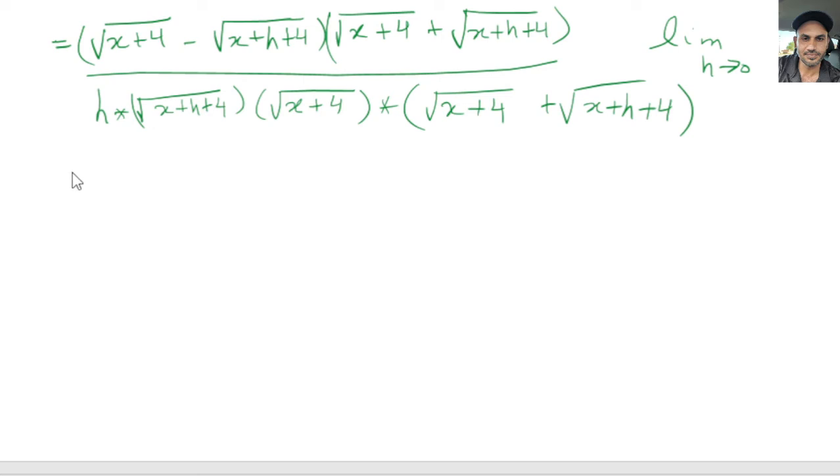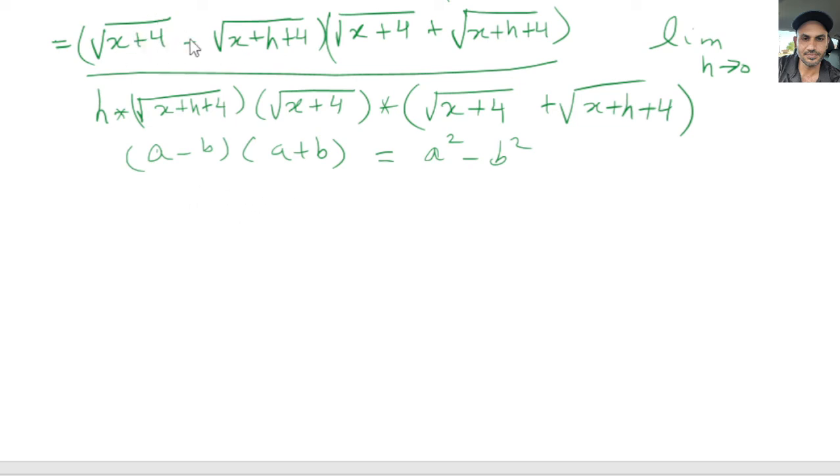All right, now we're going to simplify it. Now we have terms where we have a minus b, and this is a plus b. We know that when we multiply a minus b and a plus b, these two expressions, we get first term square minus second term square. That's the concept that you have to know already.